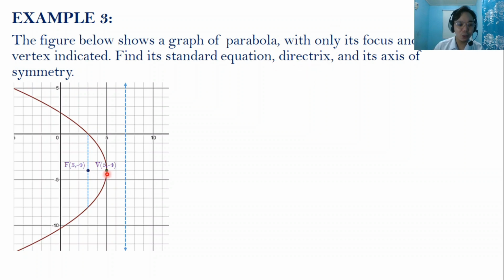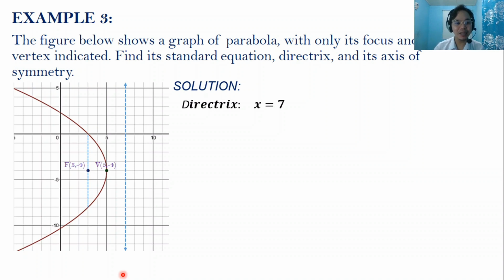From the vertex going to the focus, 1, 2, we will go 2 counts in opposite direction. So from the vertex, 1, 2, this is our directrix. Therefore, the equation of our directrix is x equals 7.